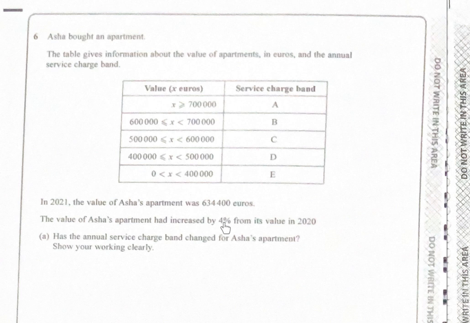So before the increase, we can find the value before the increase. So it was 100, increased by 4, now 104. After the increase, 634,400. So before the increase, cross multiply to find the answer.